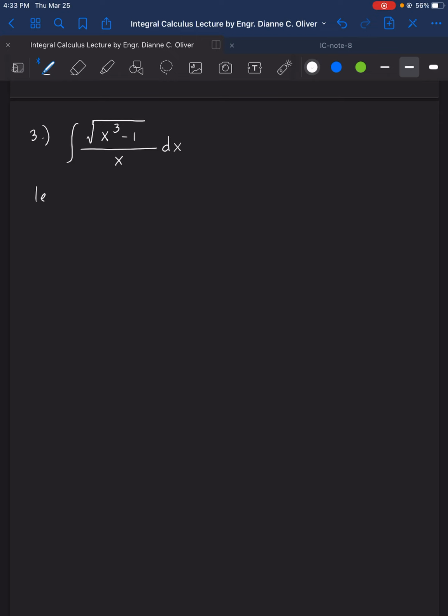Again, let u be the more complicated one, the square root of x raised to 3 minus 1. u squared is equal to x raised to 3 minus 1. x raised to 3 is equal to u squared plus 1. x is equal to u squared plus 1 raised to 1/3.